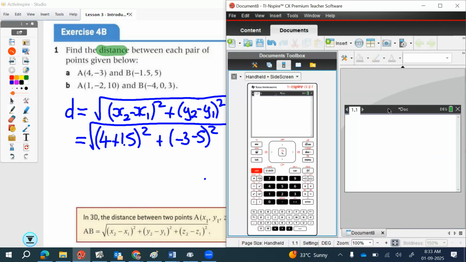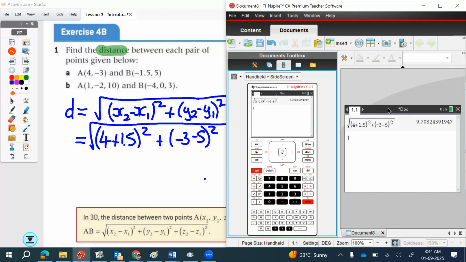So we want square root, bracket, bracket, 4 plus 1.5, close bracket squared, plus, bracket, -3 minus 5, close bracket squared. Just double check that what I've entered into the calculator is what I was hoping to enter, and it will give me my answer.